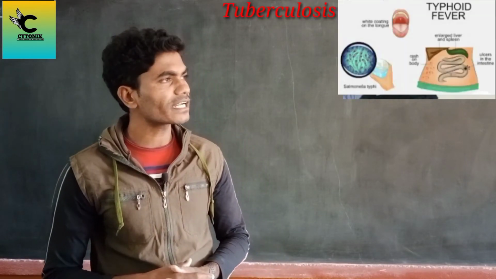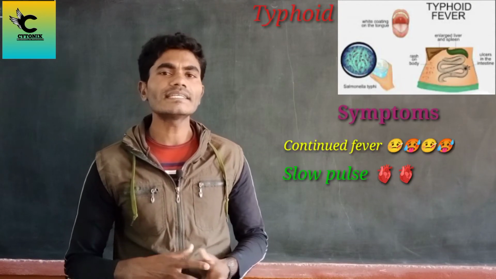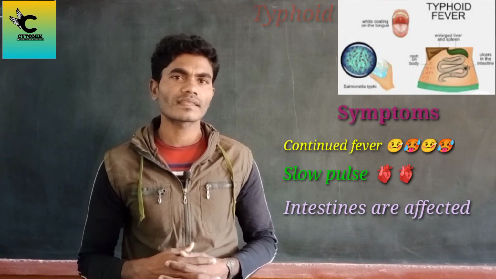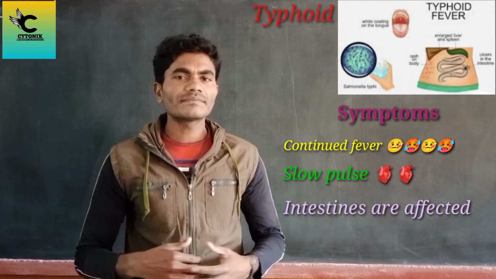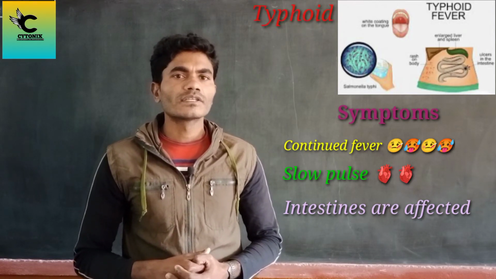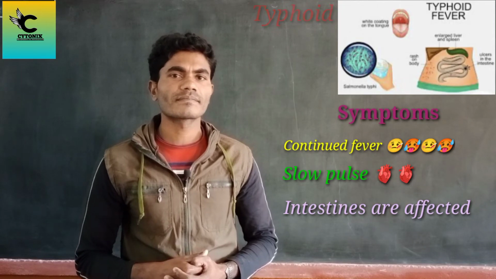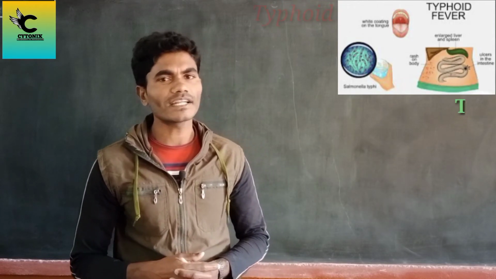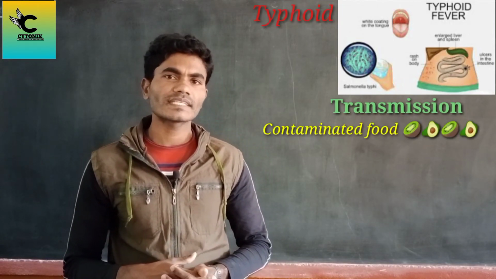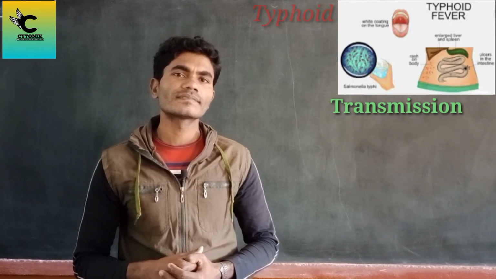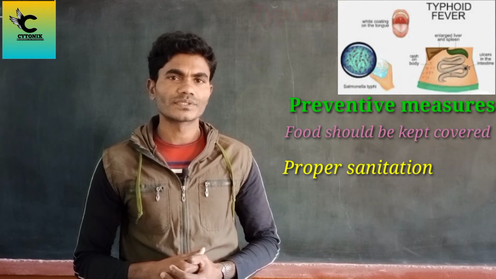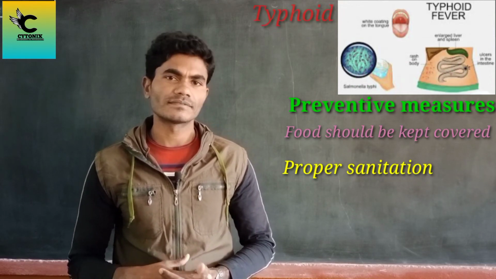A person infected by typhoid has a continuous fever, headache and slow pulse. It is transmitted through contaminated food. Prevention is that we have to cover our food and maintain proper sanitation.